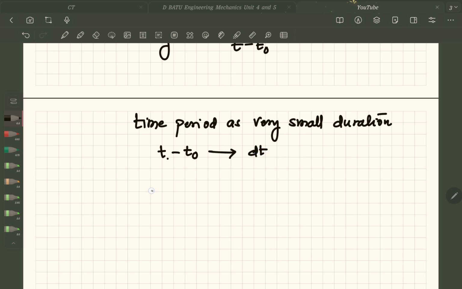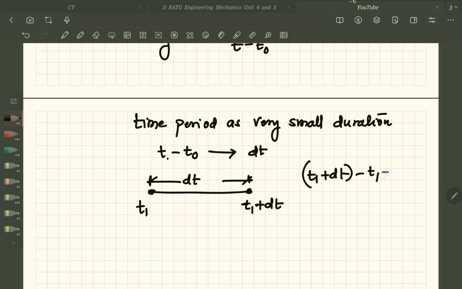Or we can say that suppose the object is at time t1 at this particular point, and in a very small period of time dt it reaches the next point, which will be t1 plus dt. Now if I find the time difference, it will be t1 plus dt minus t1, so it becomes dt, a very small period.